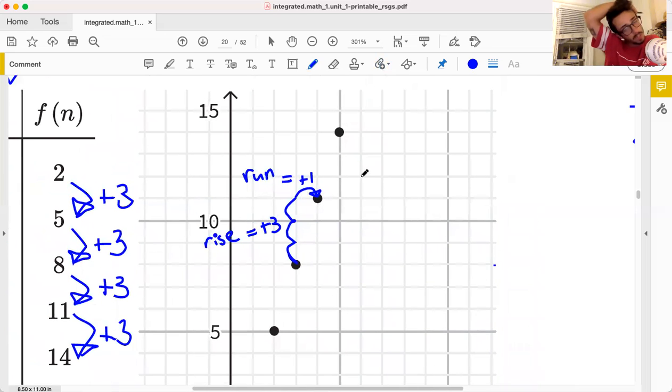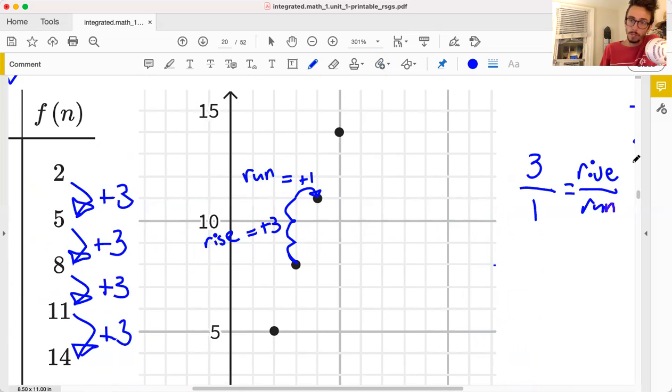Kurt Vile just did a cover of that Velvet Underground song, but our run in this case is 1. So lo and behold, we see the same numbers. Notice we can also refer to our rate of change as the rise over the run. We did +3 divided by +1. Lo and behold, same answer as before, but now in graph form.